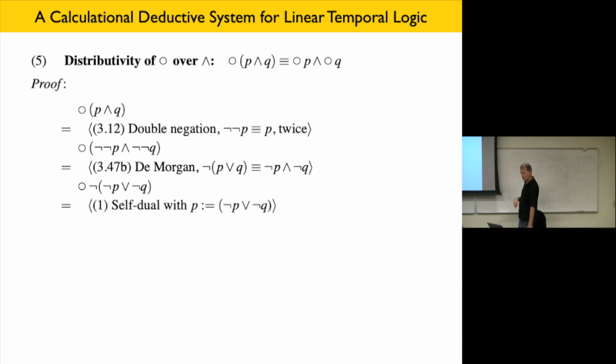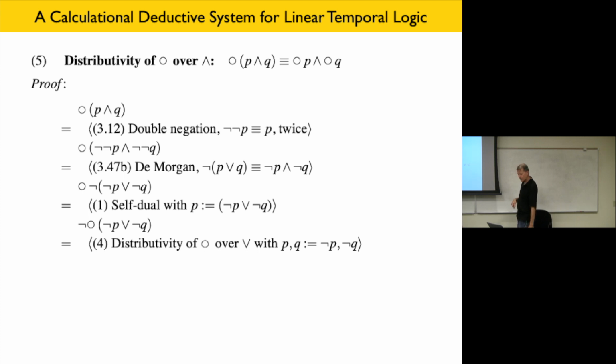Equals, by self-dual. Go back and look at 1 on your equation sheet. Not next, not P or not Q. Good. And Danny, by distributivity of next over or.